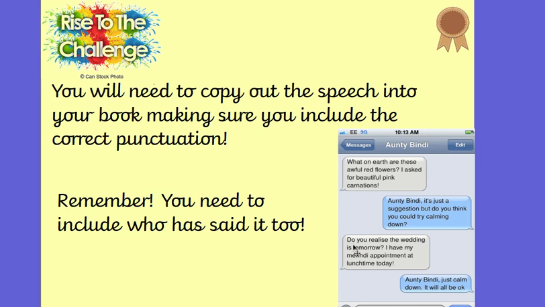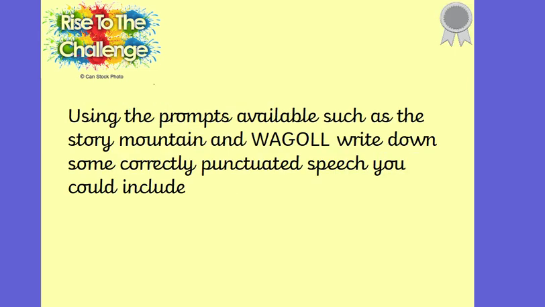And then Auntie Bindi says, do you realise the wedding is tomorrow? I have my Mendy appointment at lunchtime today. And Anisha says, Auntie Bindi, just calm down. It will all be okay. You must remember to include who says it, okay? So remember that the blue ones are Anisha and the grey, whitey coloured ones are Auntie Bindi.